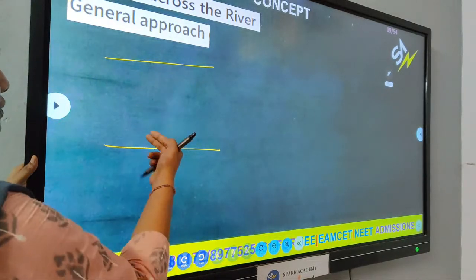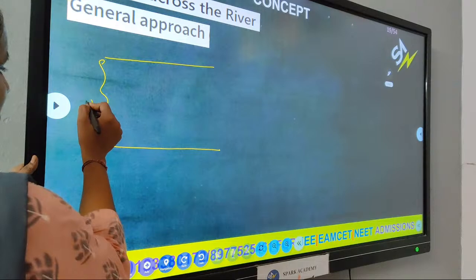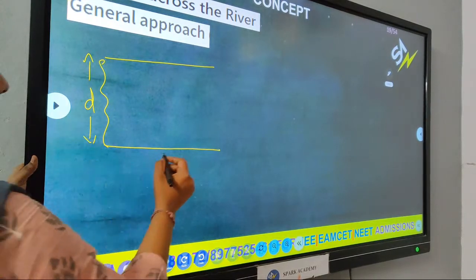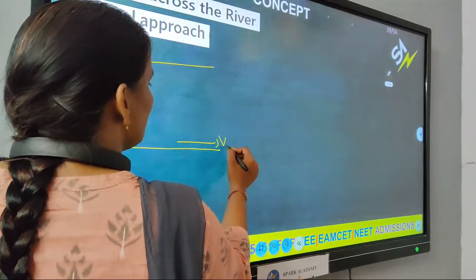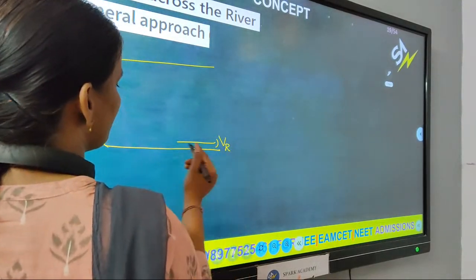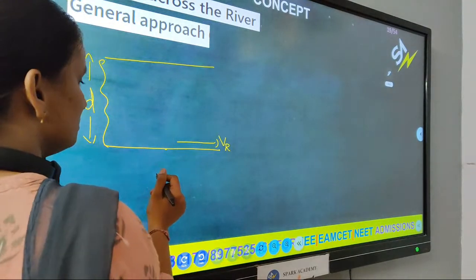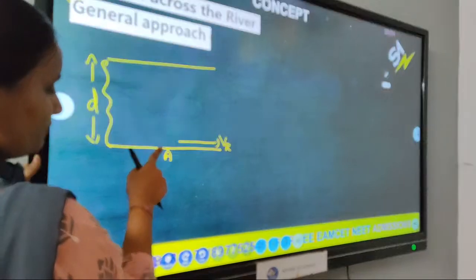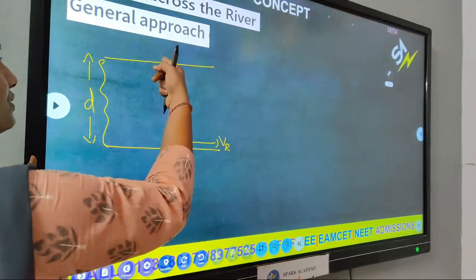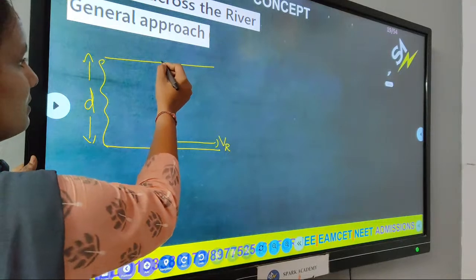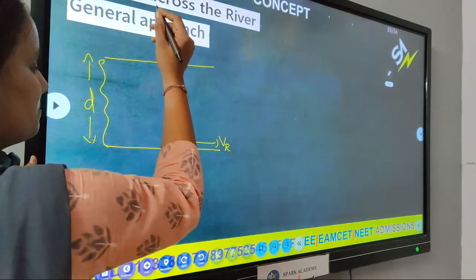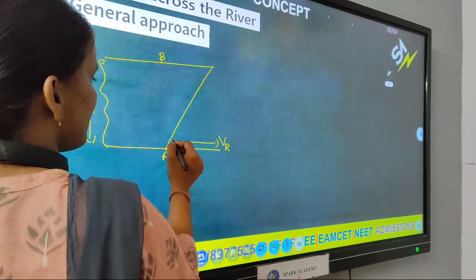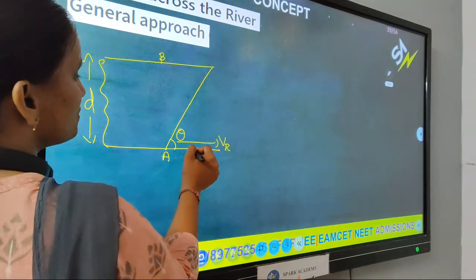These two are the banks of the river, and the distance between the banks of the river is d, and the velocity of the river flow is in this direction. The boat person or a swimmer from point A on this bank is trying to reach the opposite bank, this point, but that boat person is making angle theta with the downstream.